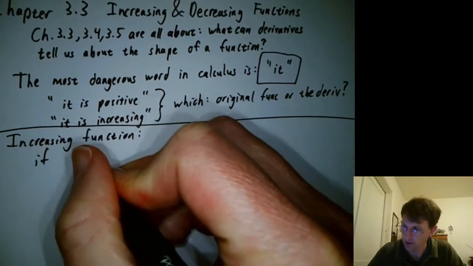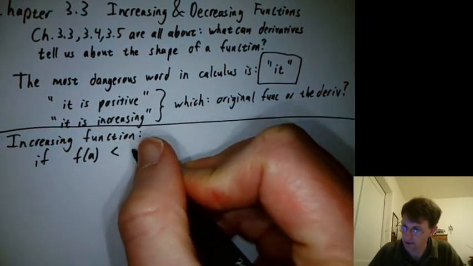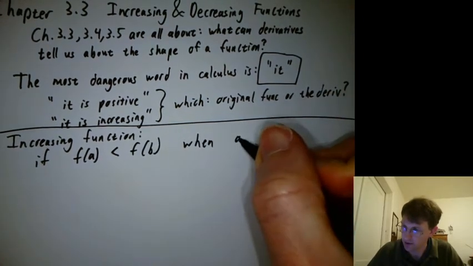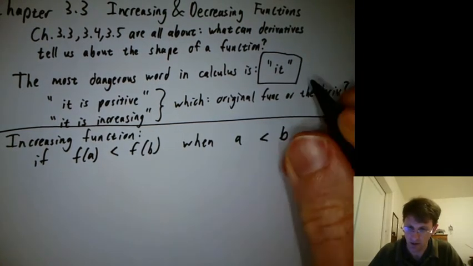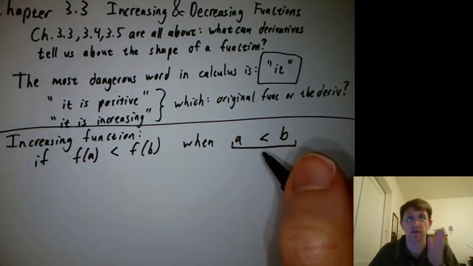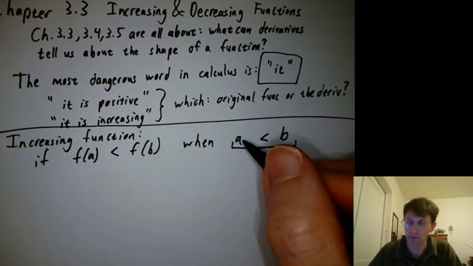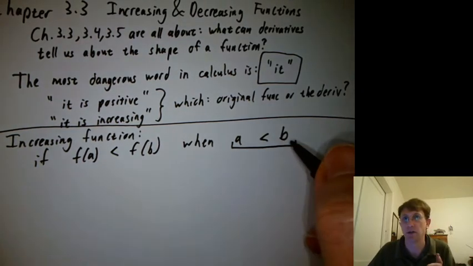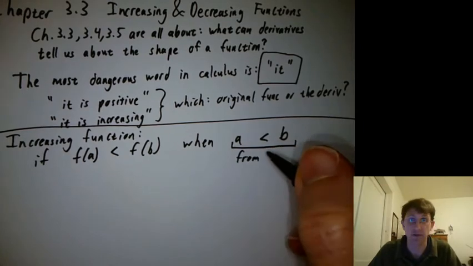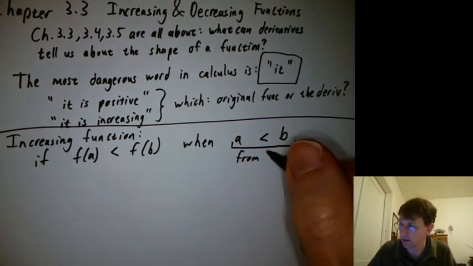So we'd say, if f of a is strictly less than f of b when a is strictly less than b, and notice that that means that we're going from left to right. So a might be like -9 and b might be +9 million or something. So by default we're thinking from left to right.